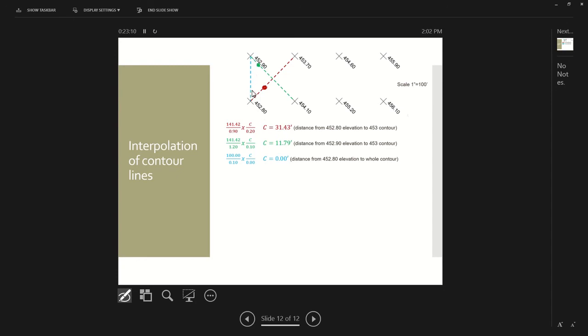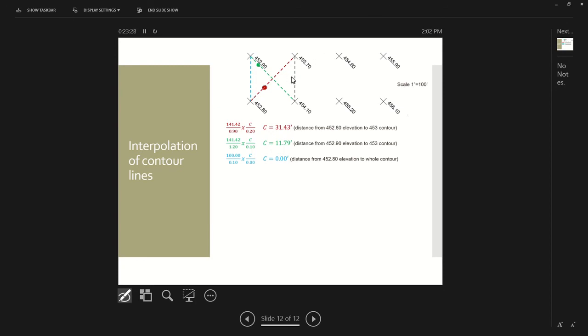So there's nothing there, so it's 0. We don't have any whole contour elevation that we're looking for on this one. So that's a freebie. We don't need to do the math because it's times 0. There's no elevation change.